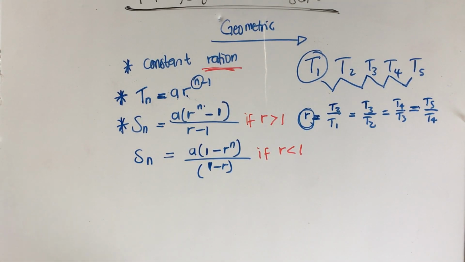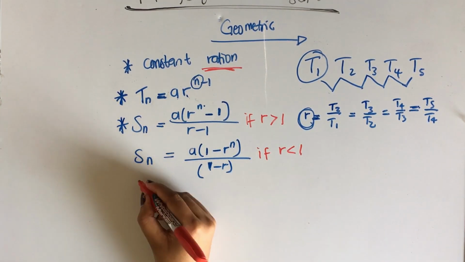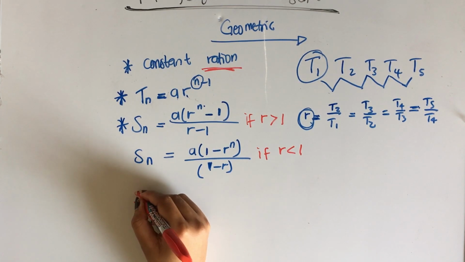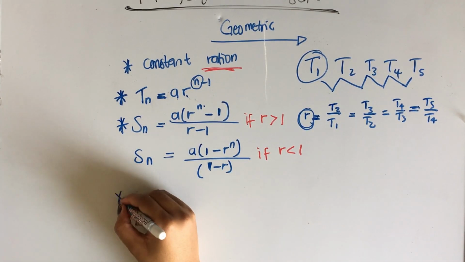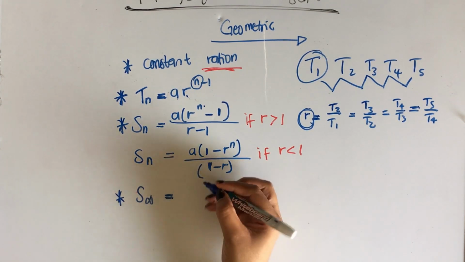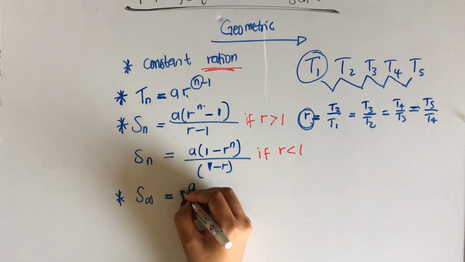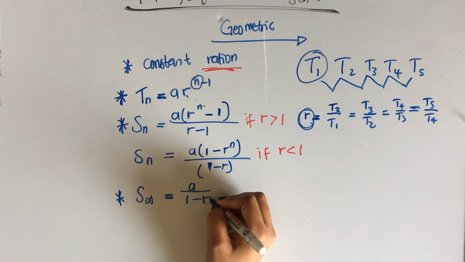Okay, and then lastly, we might be asked to calculate the sum of infinity. Sorry, using a wrong pen. Okay, sum of infinity, and this is going to be your formula: a over 1 minus r.